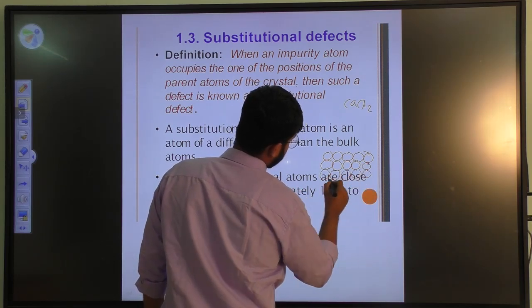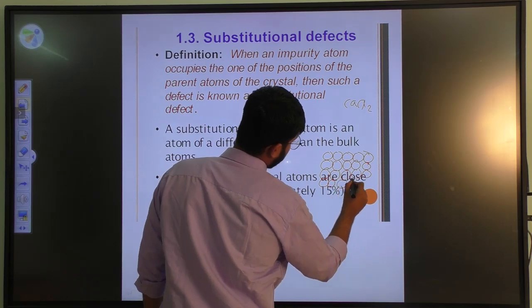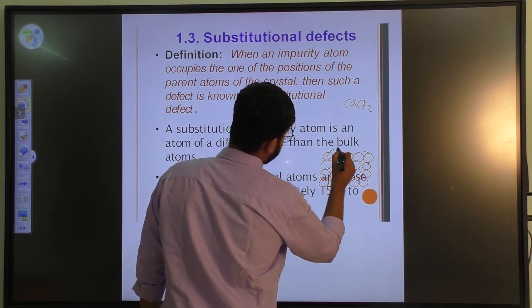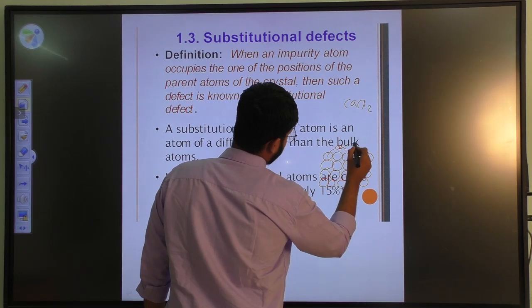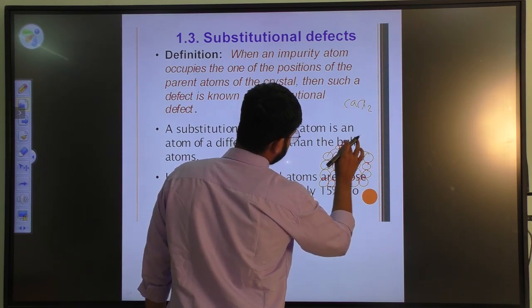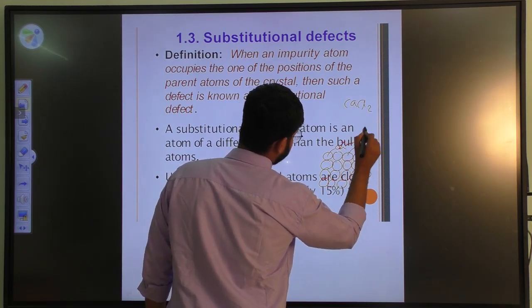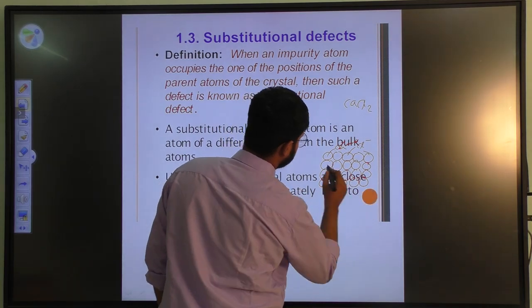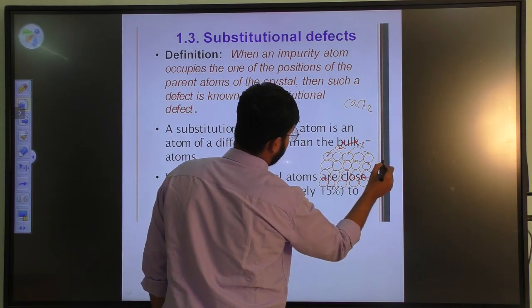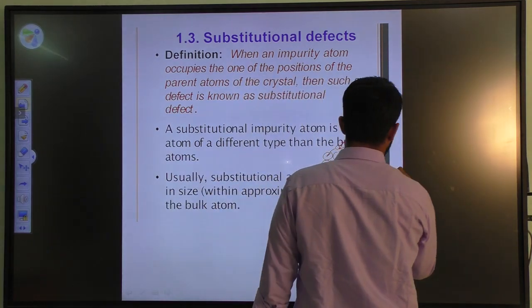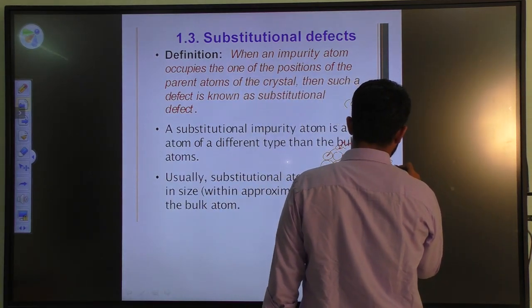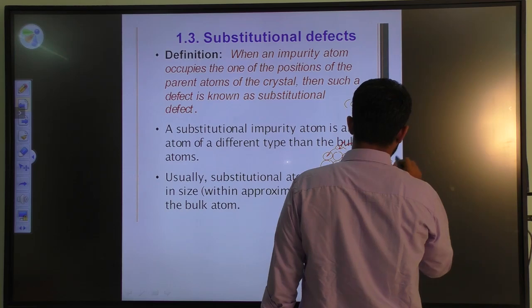As I see the crystal structure of CaCl2, it is Ca, greater in size, positive Ca plus and Cl minus. When the foreign atom comes, let's consider we are adding some Br.